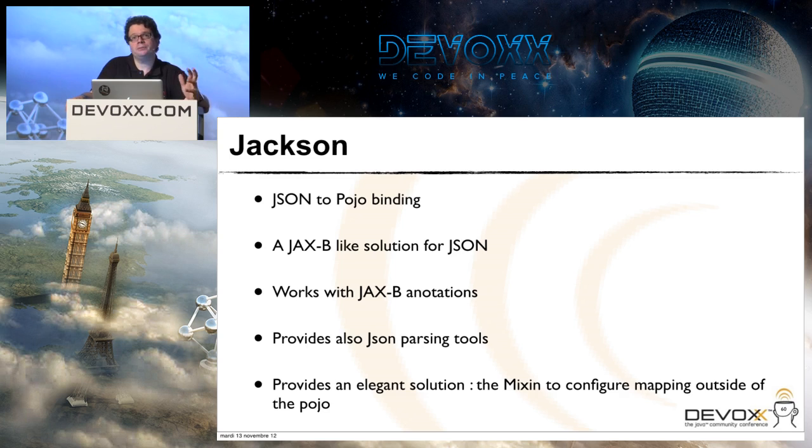It provides a kind of JAXB solution for JSON. JAXB is for XML, here it's for JSON. It works with JAXB annotations, by the way. You can use them, or you can use specific annotations if you need.